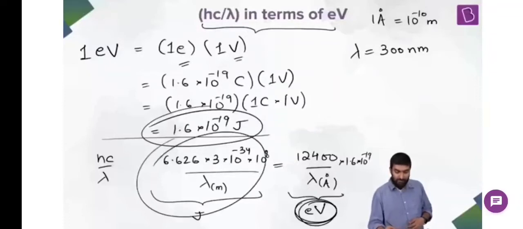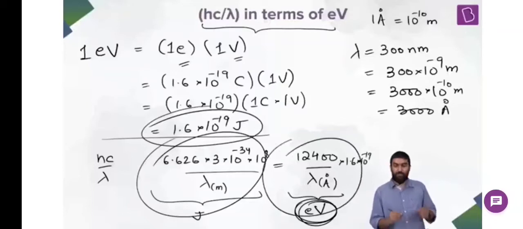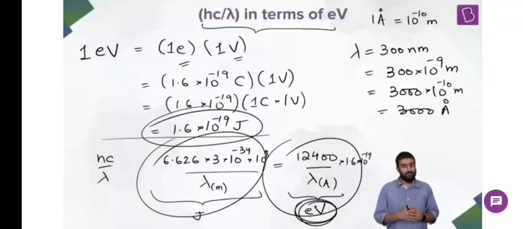In the denominator on this hand side, you would place 300 into 10 to the power minus 9 meters. On the contrary, this can also be said to be equal to 3000 into 10 to the power minus 10 meters. So this can be written as 3000 angstroms. So in the denominator over here, you would place 3000. And you can see that on multiplication, both of them will numerically come out to be the same.